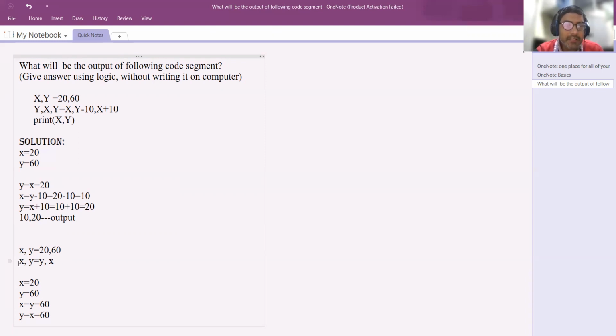These changes will not affect the values of x and y in the second line. So let us see what the correct solution will be.